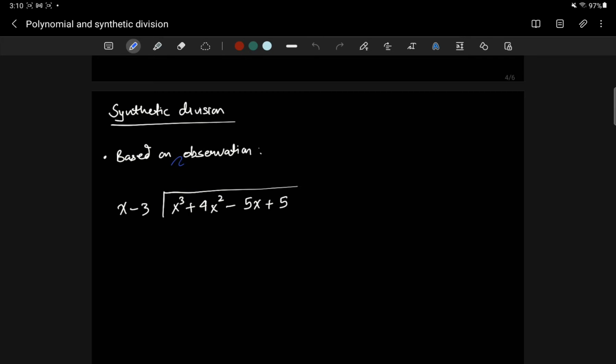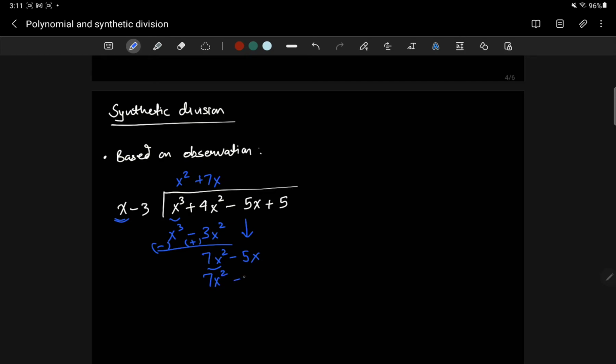So firstly, let's make an observation. Recall that if I have a division of this form, I compare the first term, I get an x squared. I multiply x squared with both of these, and I get that expression. Then I subtract, and I get 7x squared. I bring down the next term. Again, I compare x with the first term, and I need a 7x.